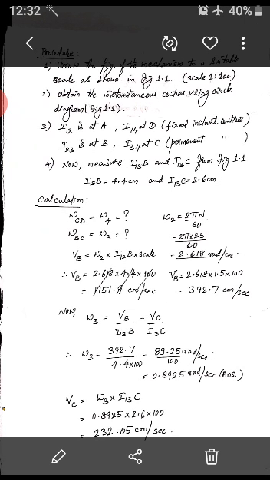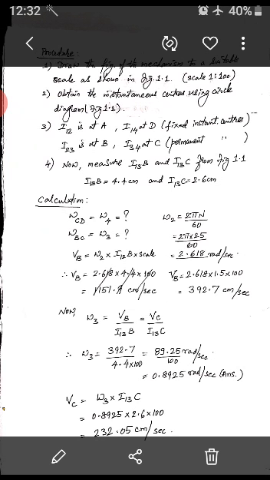Now go to the next formula. Vc is equal to omega 3 into I13C, because link 3 has two ends, B and C. The velocity of B point is known. Now the velocity of C point can also be known using the same instantaneous center I13. So when you use the formula like this, we are getting Vc equal to 232.05 centimeter per second.